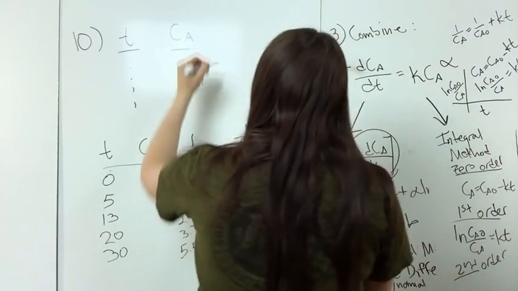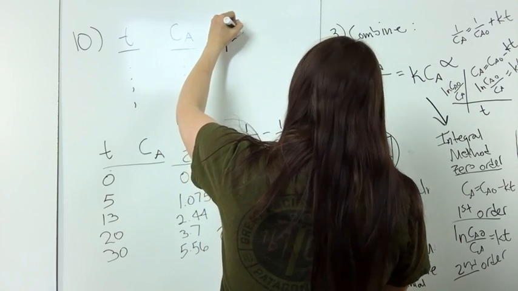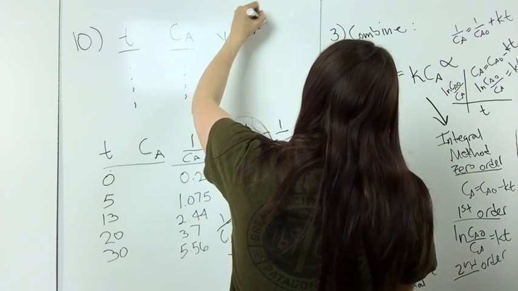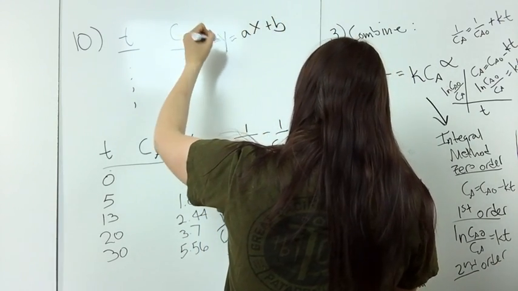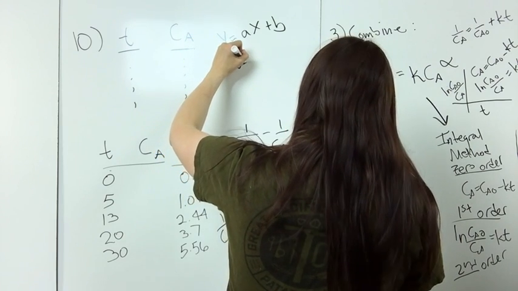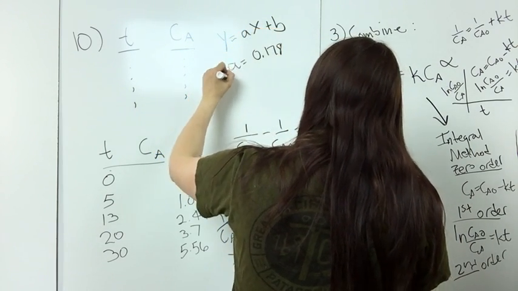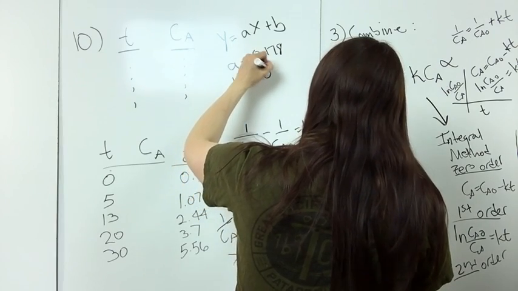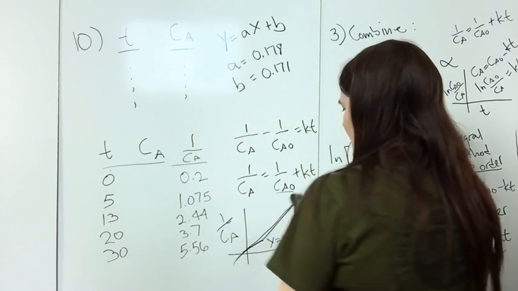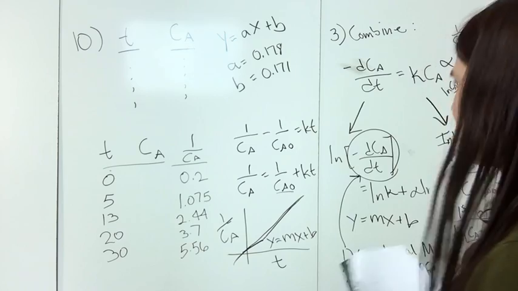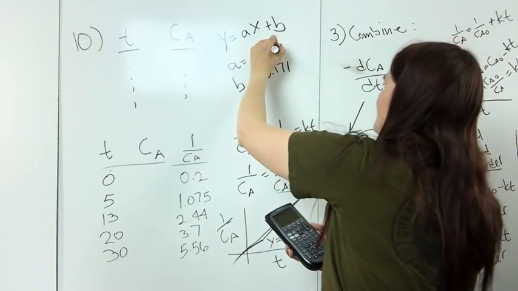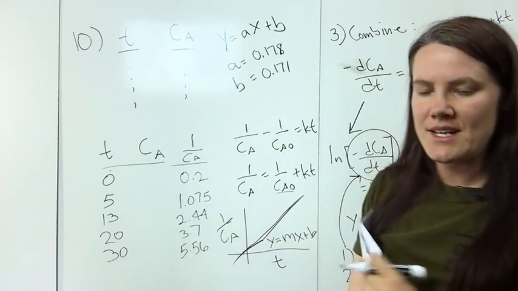It says y is equal to a x plus b, and a is equal to 0.178 and b is equal to 0.171. So that's what he had gotten. So anyway, that's how you do that.